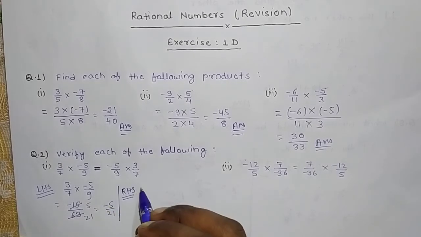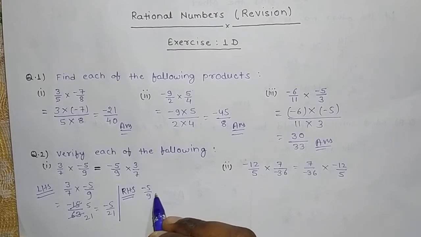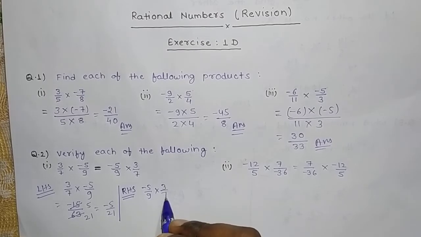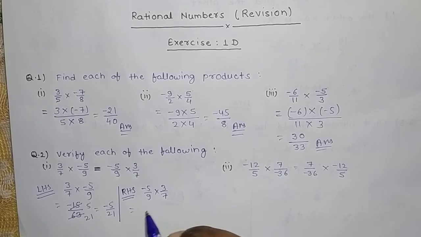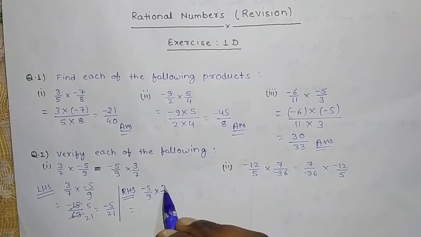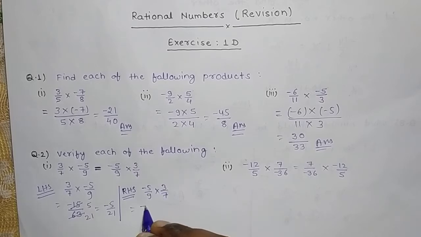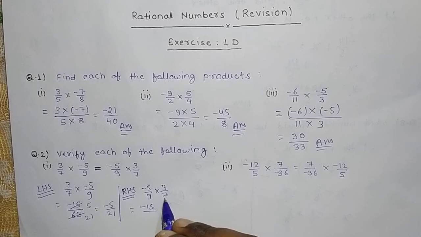Now here we have to take RHS part and solve it. So RHS part is minus 5 by 9 multiply by 3 by 7. Now again we have to multiply both the numerators with each other and both the denominators with each other. So 5 3s are 15, so this is minus 15 divided by 9 7s are 63.